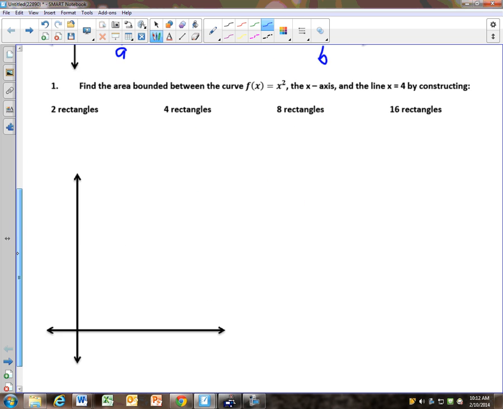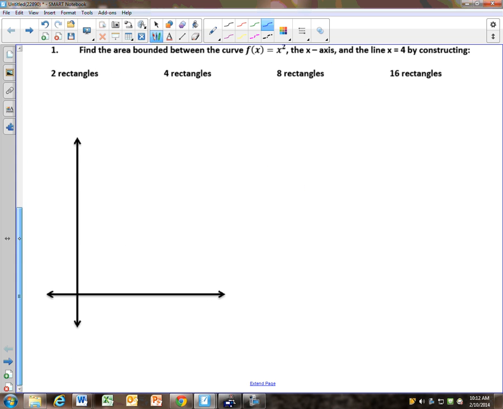So, all right. Find the area bounded by the curve f of x equals x squared, the x-axis, and the line x equals 4 by constructing these. Okay? So we're just going to start basic. We're going to draw a parabola because that's the graph of f of x equals x squared.